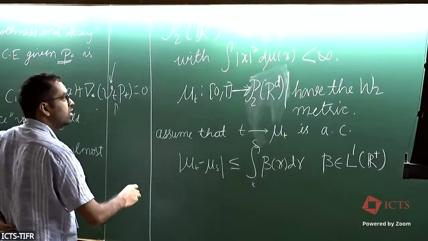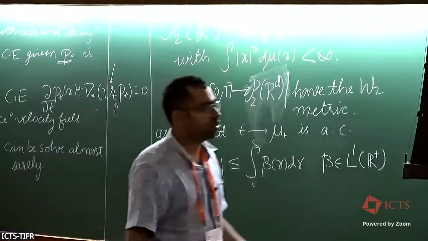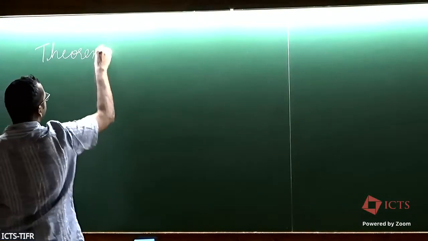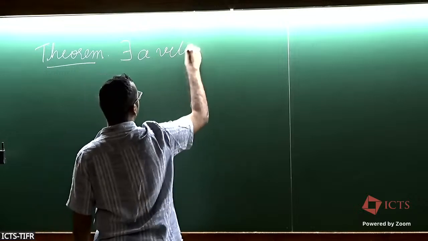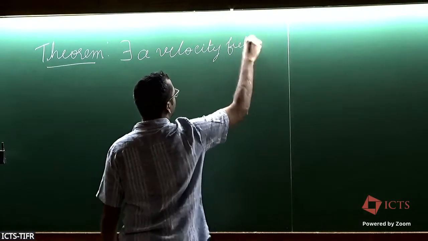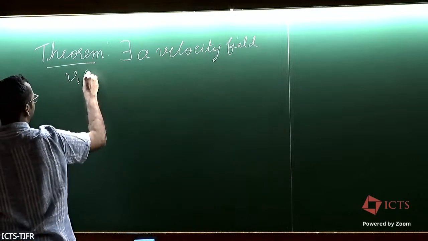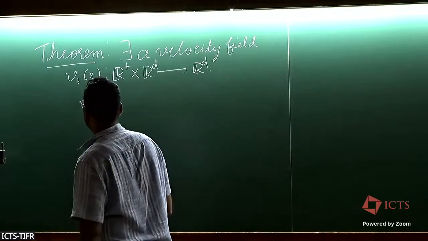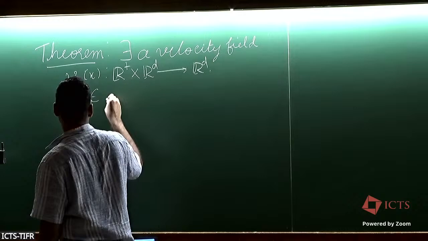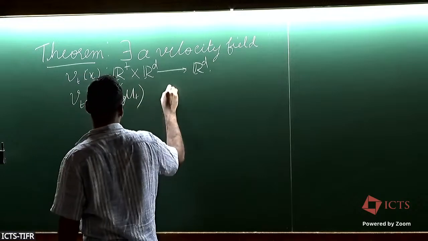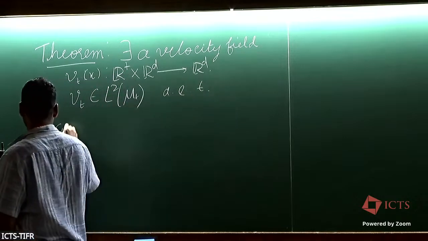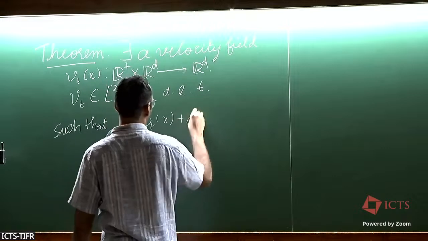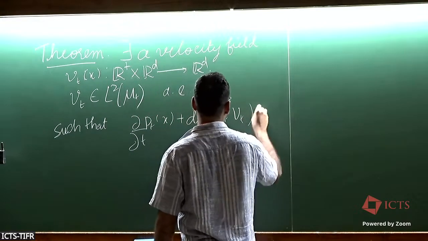What this implies is a very strong theorem, which I'll write here: there exists a velocity field v_t(x) from R plus times R^d to R^d, such that v_t belongs to L2(mu_t) for almost every t, such that the partial derivative of p_t(x) with respect to t plus the divergence of p_t v_t is equal to 0.